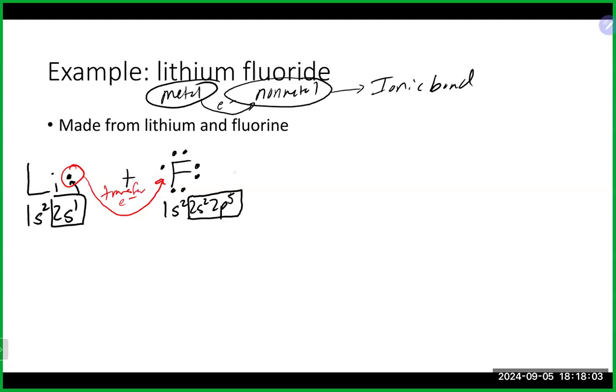The result of that transfer of electrons is our lithium losing an electron, which means it now will become positively charged as the electron basically just jumped ship. Our fluorine will pick up that one electron, and it now will become negatively charged because it now has more electrons than protons. And that is how we will represent the ionic bond formation.